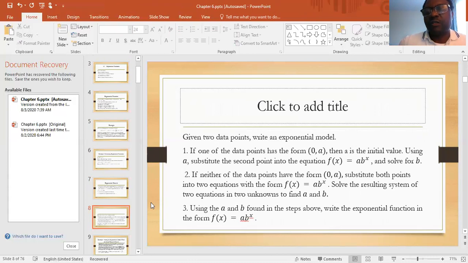If one of the points has the form (0, a), that is the initial value, then we can use it and substitute the second point into the equation f of x equals a b raised to power x and solve for b. Second, if neither of the data points has the form (0, a), then we substitute both points into the equation to get two equations that we will solve for a and b. So using the a and b found in the steps above, we can write the exponential function.